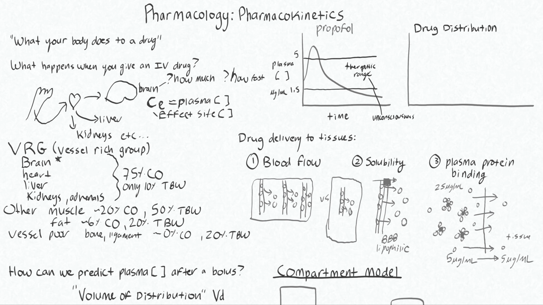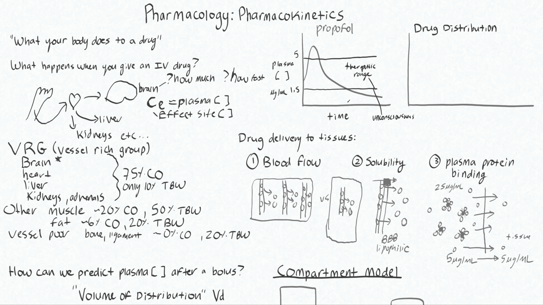You could say that we want a depth of anesthesia sufficient to prevent a response to laryngoscopy, and that therapeutic range might be much higher. But for unconsciousness, in general, we know that as long as your plasma concentration, and thereby your effect site concentration in the brain, is above about 1.5 mics per mil, you will have unconsciousness. And anything above 5 mics per mil is really just unnecessary.